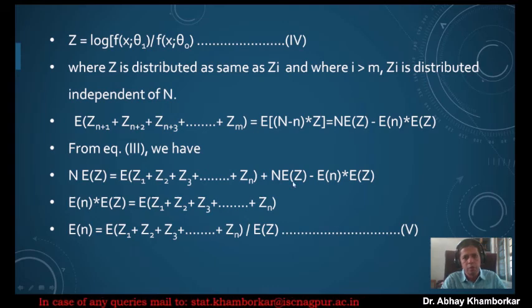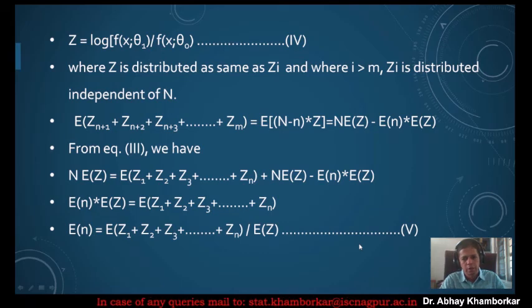So if we put that value, then we will have plus m into expectation of z minus expectation of n into expectation of z. Naturally, m into expectation of z gets cancelled, and the remaining term is expectation of n into expectation of z, which is equal to expectation of z1 plus z2 so on up to zn. Naturally, therefore, we can now write expectation of n equal to expectation of z1 plus z2 up to zn divided by expectation of z.